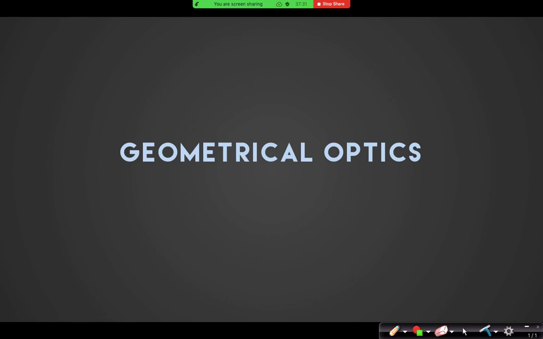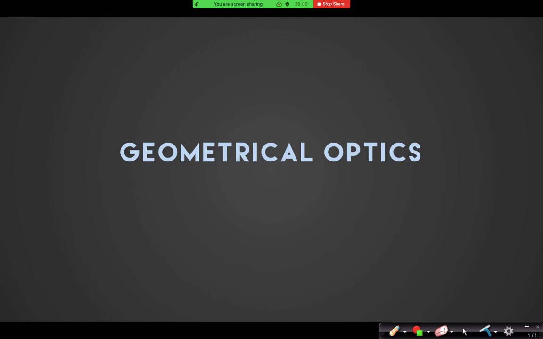Rays means they said that light travels in a straight line. If nothing is changing, the medium is not changing, you do not hinder that path, then light is always moving in a straight line, and those straight lines they named as light rays. And interestingly, most of the physical phenomena that light showed could be explained by those ray properties.